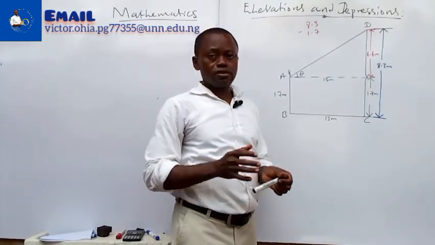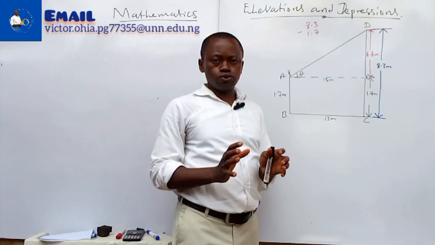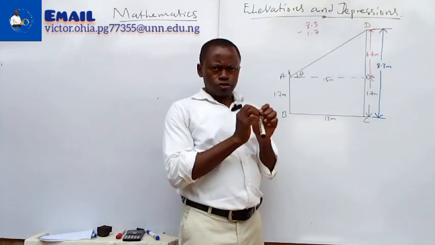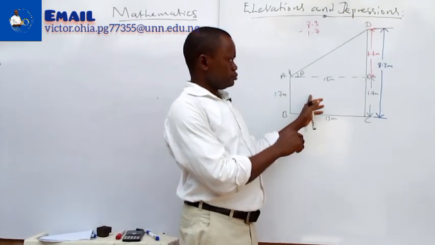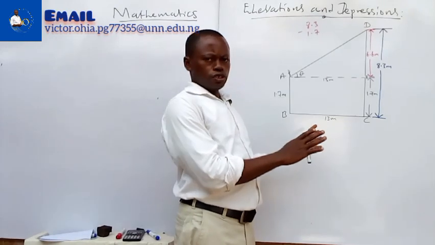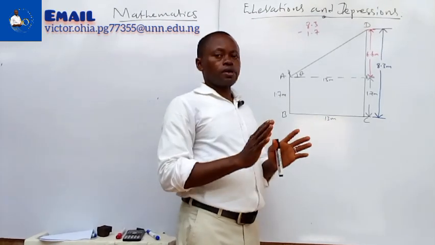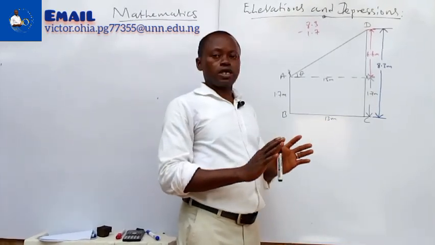As I was saying, if you can be able to bring your imagination into reality, okay, you can now picture it. So your calculation is very, very close to accuracy.